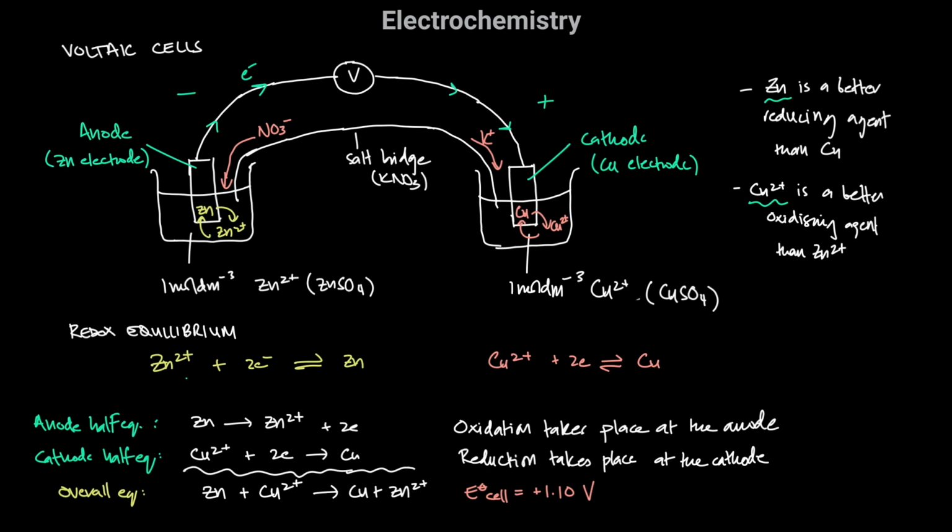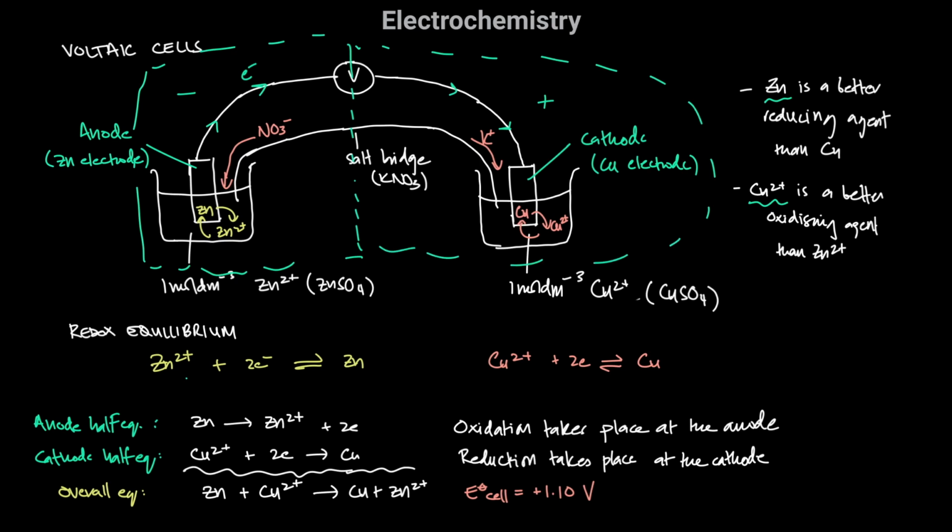One last thing I want to mention here is that this voltaic cell is made up of two half cells. Here this is our zinc half cell, and then this is our copper half cell. We have a Zn/Zn2 plus half cell, where zinc is undergoing oxidation. That's your zinc electrode.